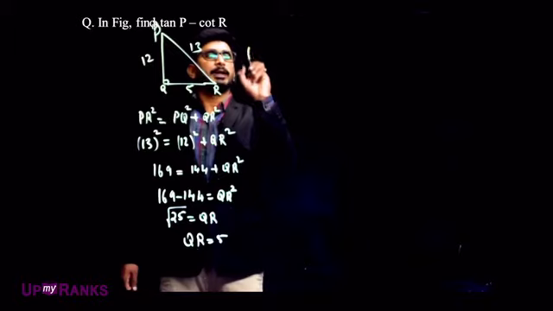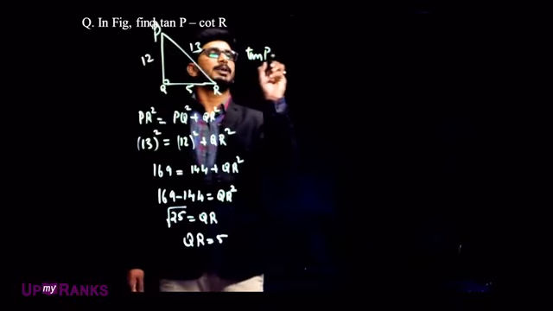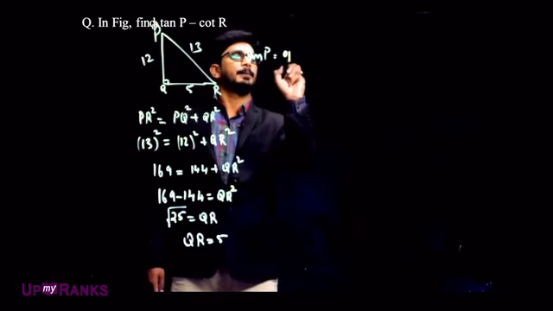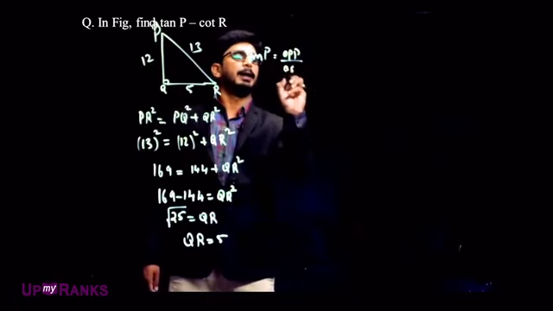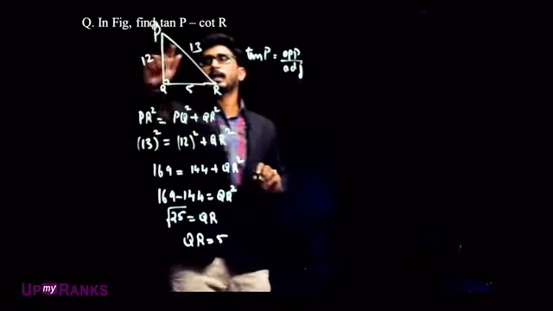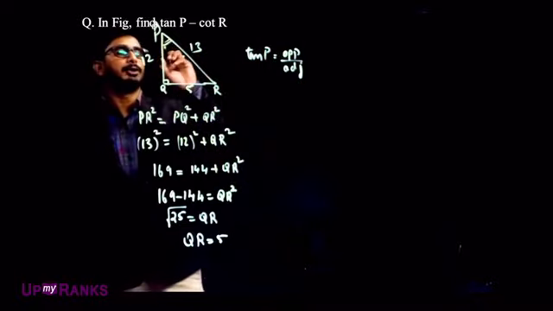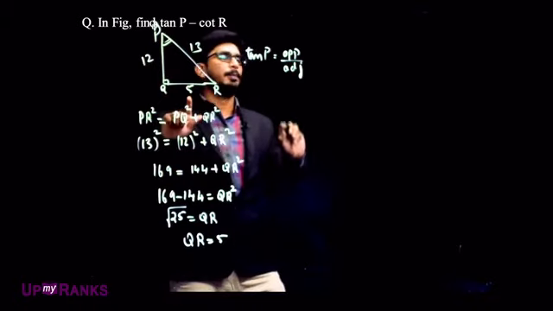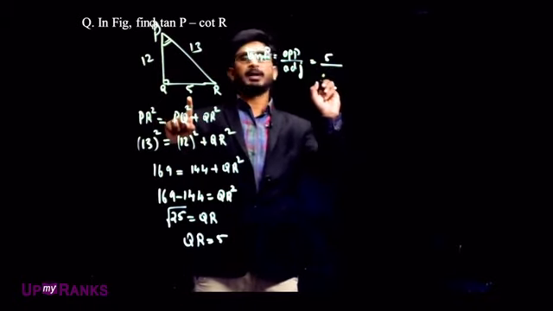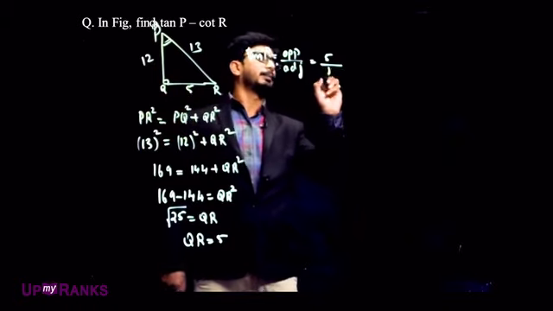Let us find tan P first. Tan is opposite by adjacent. For tan P, the opposite side is QR, which is 5, divided by the adjacent, which is 12.